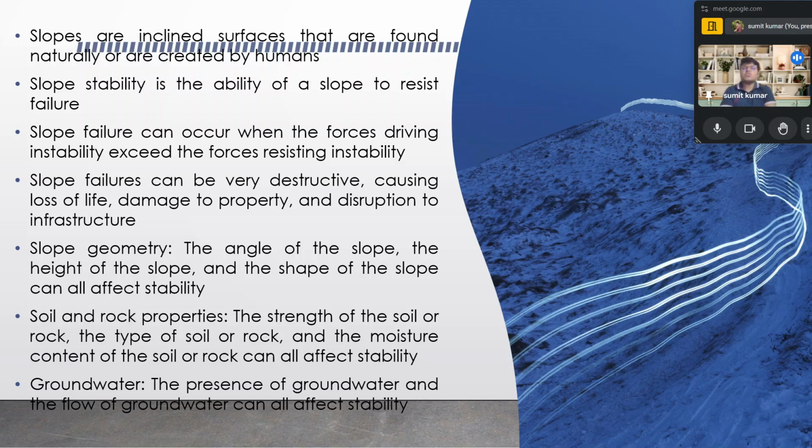Okay. So first of all, starting with slopes. Slopes are inclined surfaces that are found naturally or created by humans. As we said in the previous class, by construction through cutting or filling, or by construction of canals or embankment sections, some slopes may be created. So failure can take place at those cross sections created by humans.